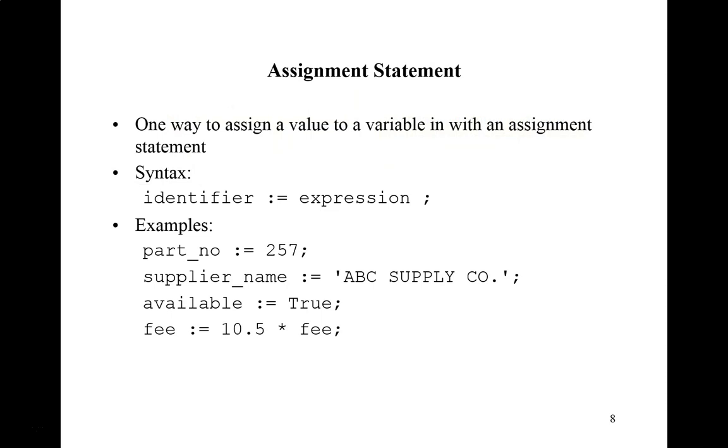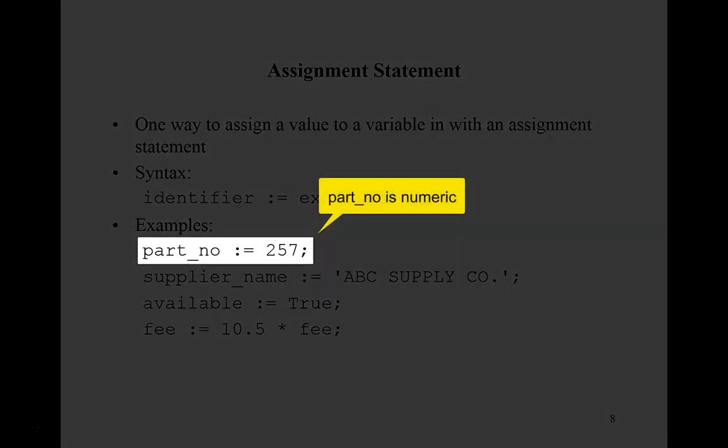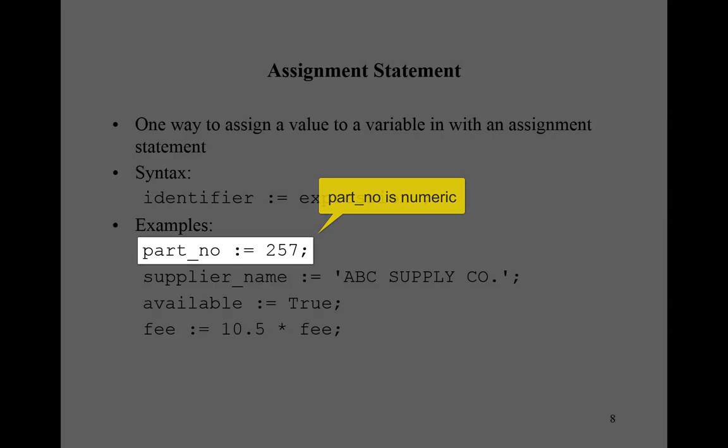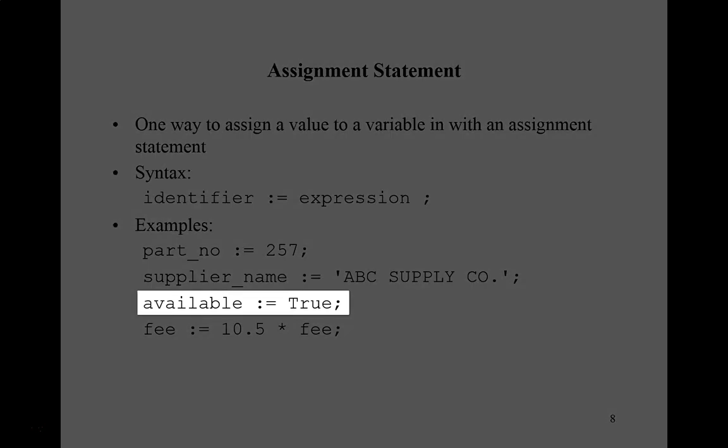Given the examples here and the examples of the variables we declared on the previous slide, what we see is part number is being assigned a value of 257. In the original declaration, part number was defined as numeric. Supplier name was defined as a string, a character length of 15, and here we're supplying a string literal.